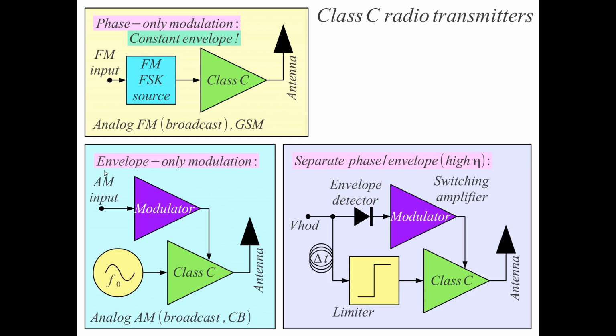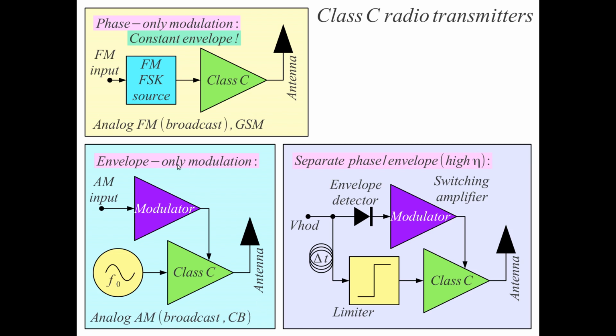This is a very simple design and was used with analog AM for broadcast and also for citizen band radio transceivers. This is quite uncommon today, so analog FM and AM broadcast stations are being turned down, and mobile phones probably replaced citizen band radio, so this is part of the past.